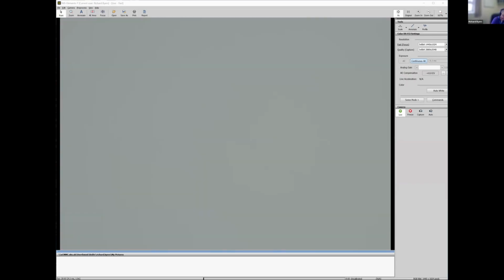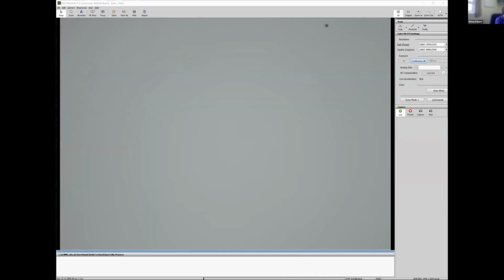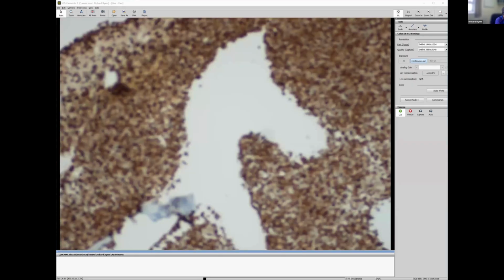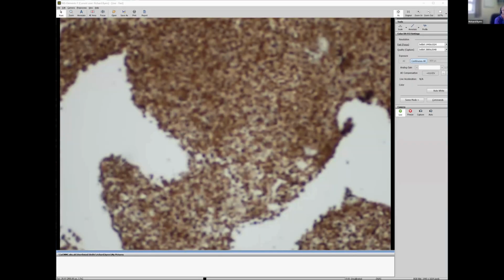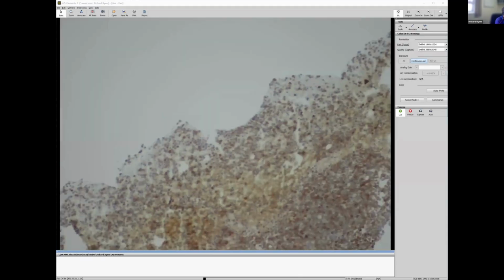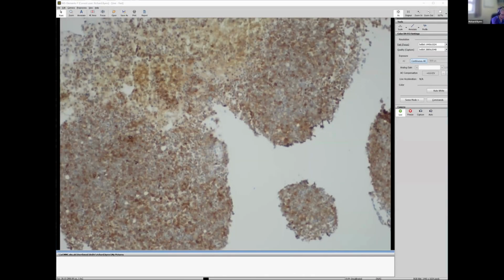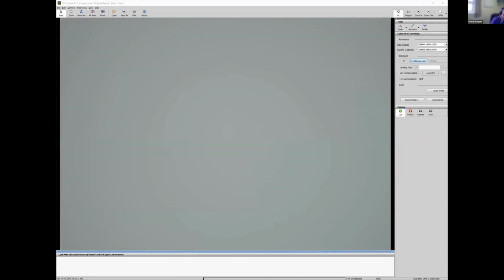The immunos for that: positive for myeloperoxidase, strongly positive for CD33, and it was also positive for CD34.